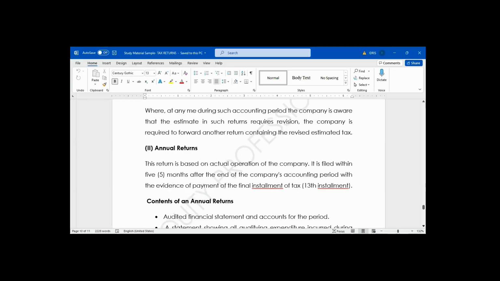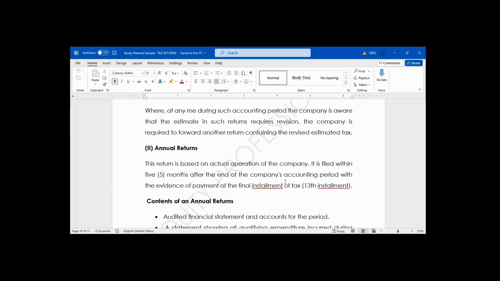They will remove the tax that they have paid based on estimated tax. The balance that they need to pay is going to be the 13th installment.